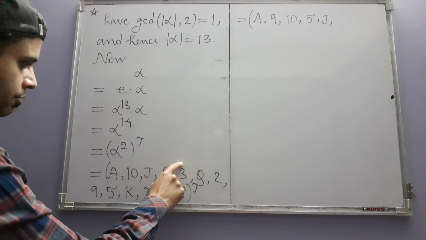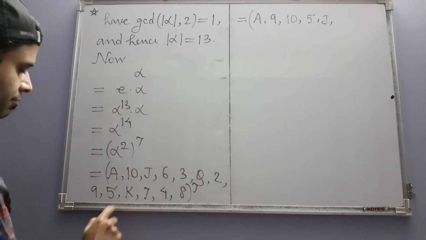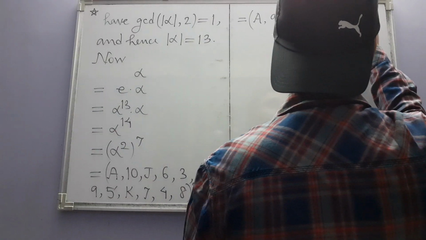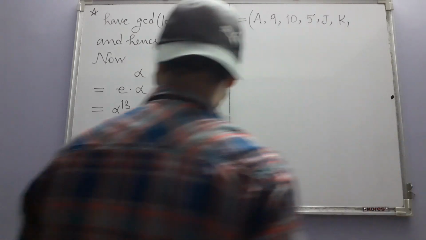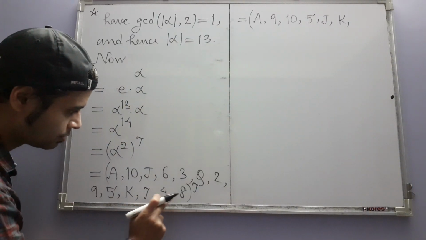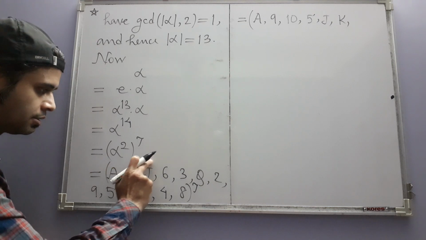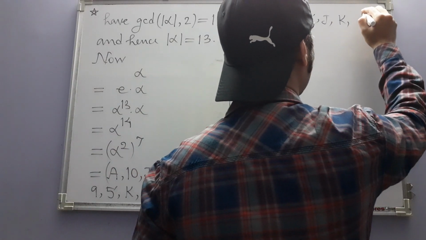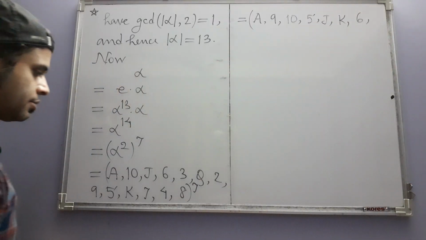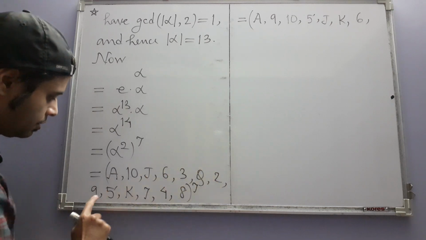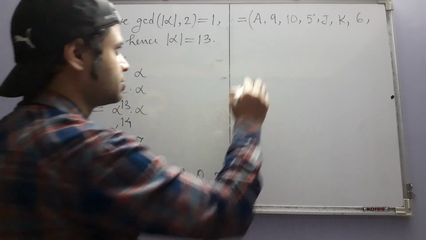Jack goes to 1, 2, 3, 4, 5, 6, 7, to King. Then King goes to 1, 2, 3, 4, 5, 6, 7. 6. 6 goes to 1, 2, 3, 4, 5, 6, 7. 6 goes to 7.